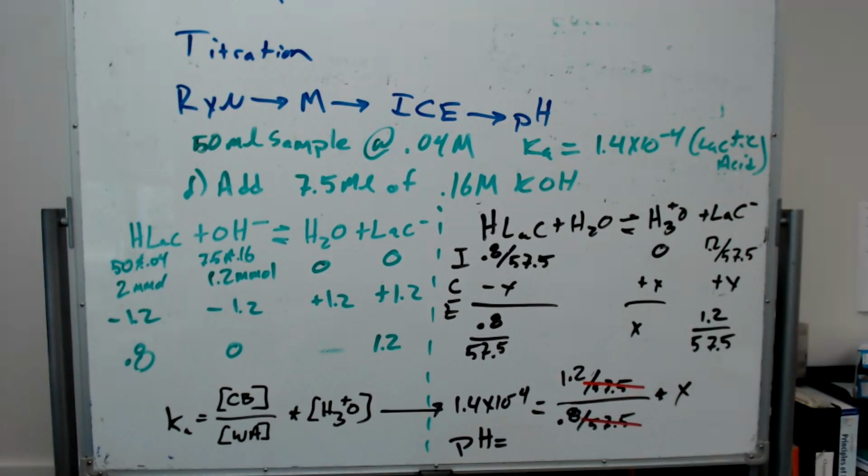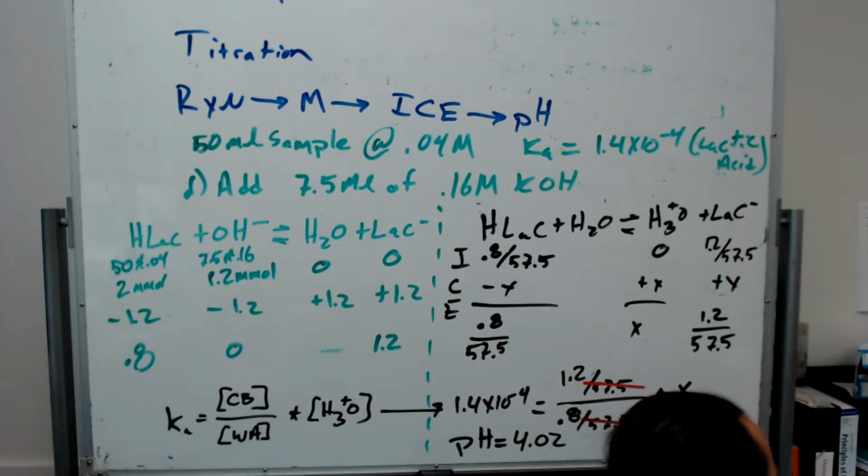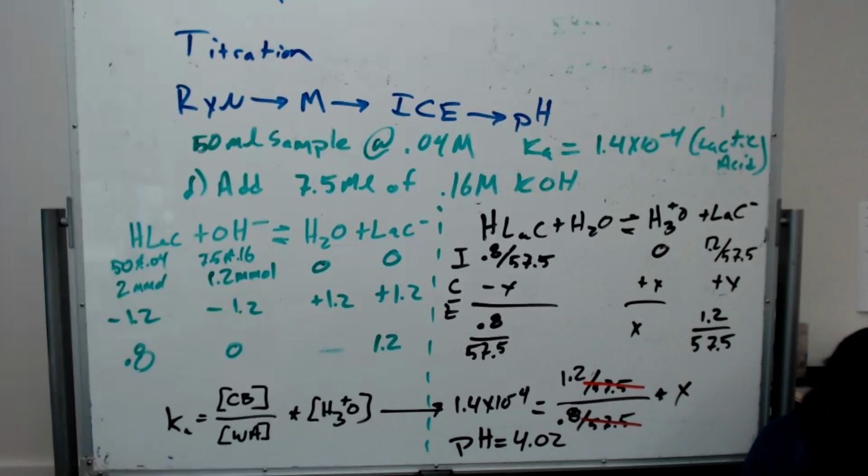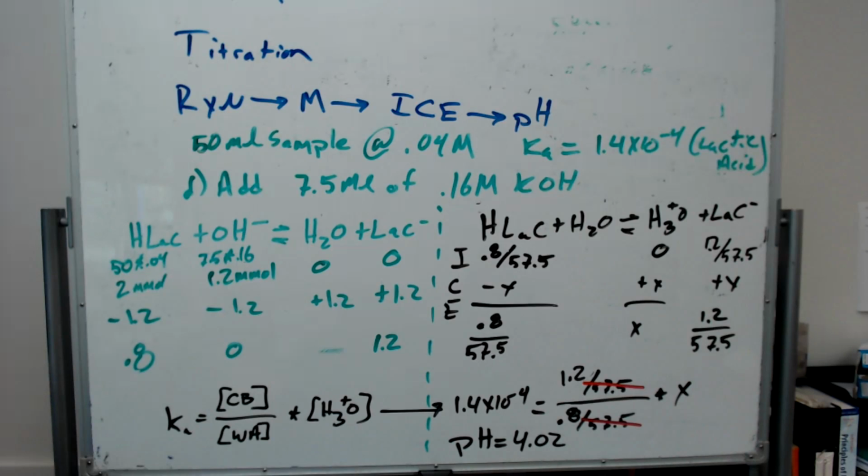Yeah, 4.02. That's what I was expecting. Can I see? Negative log of that should be 2.03. You forgot your decimal point. That's all. You did it all right. You just forgot your decimal point.